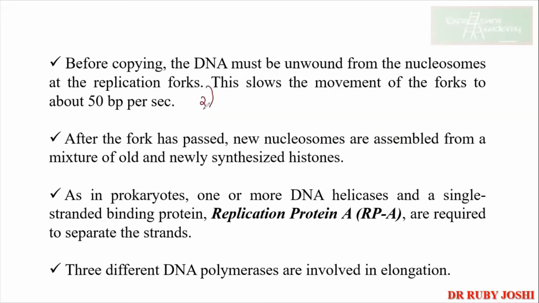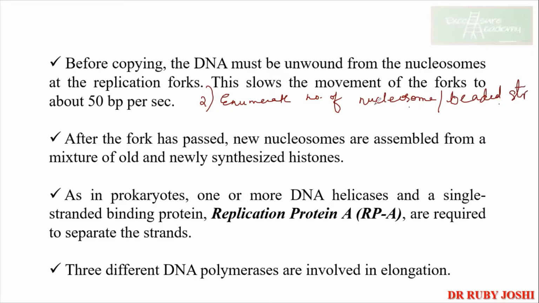I'll give you the second question. You need to calculate or enumerate the number of nucleosomes. In some places nucleosomes are called beaded structures, so don't get confused. Nucleosomes and beaded structures are the same.